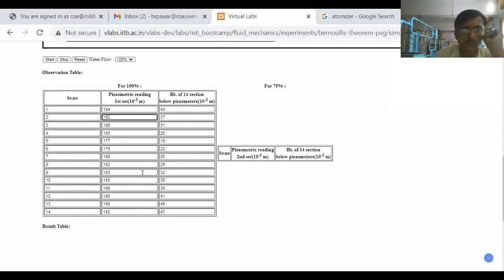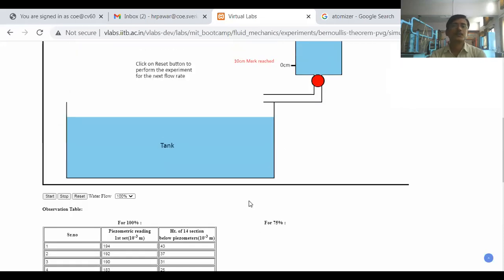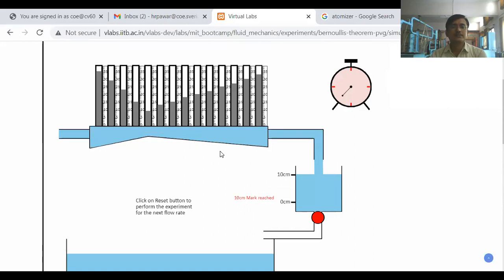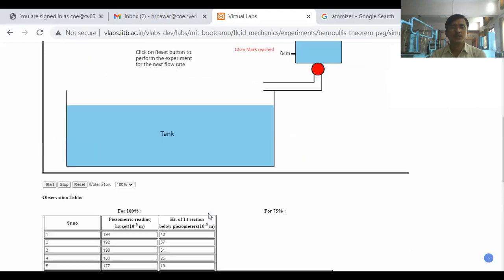It is 192. If I put here 180, it will take the value 180. Like that, you can change the values. Height of the 14 sections below the piezometer.